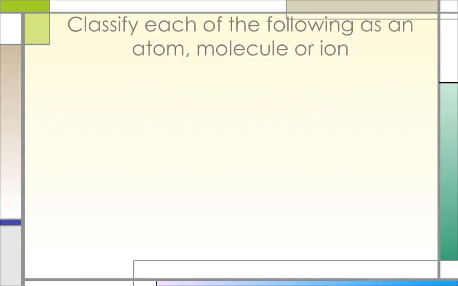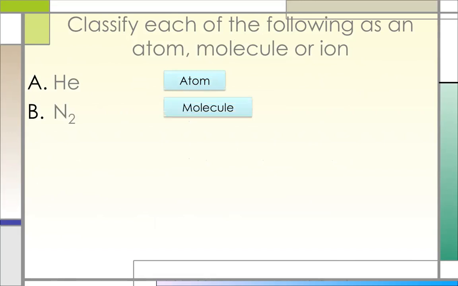Classify each of the following as an atom, molecule, or ion. First, we have helium. It is an atom. Nitrogen gas is a molecule. C12H22O11, which is your table sugar, is a molecule.